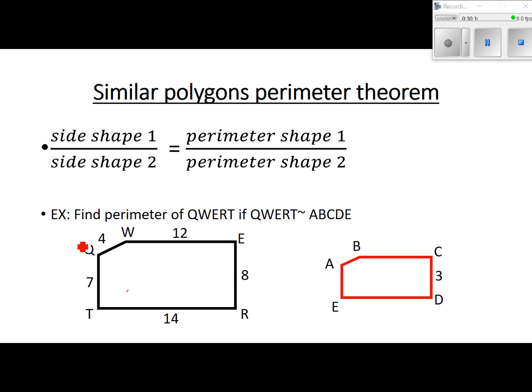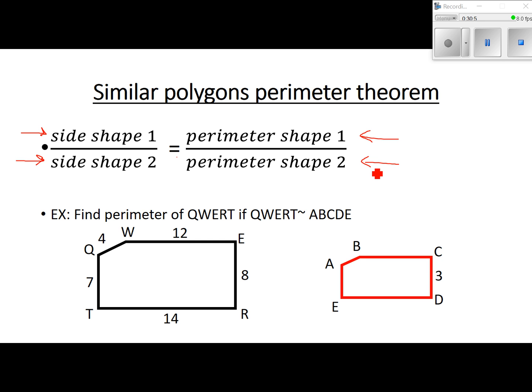Right, there's two theorems here that I'm going to go over. The assignment really doesn't have anything to do with these two theorems, so I'm just going to go over them quickly. The similar polygon perimeter theorem: if you have two polygons and you know that they're similar, then you can take a side in the first shape and set up a ratio with the side in the second shape, and that's always going to equal the perimeter of the first shape with the perimeter of the second shape.